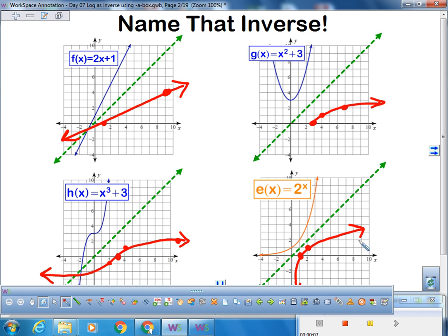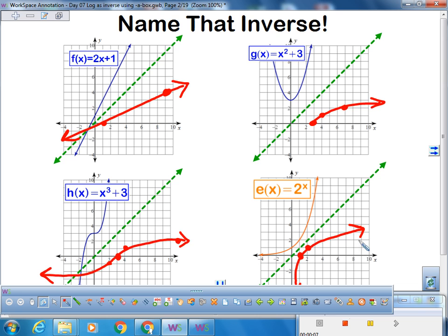Okay? So let's notice some things about exponential functions. First of all, no matter what the base is, when x is 0, it's always 1. We're going to see the same type of thing with the logarithmic. Also, the numbers can't be less than 0, right? Y always has to be greater than 0.